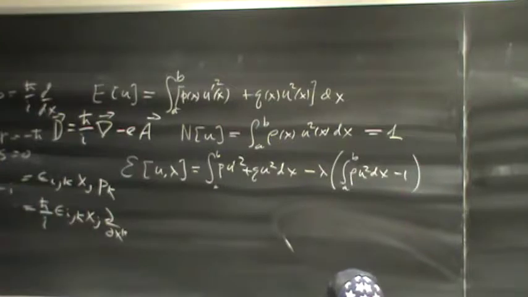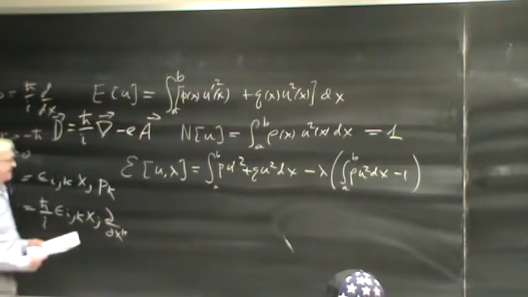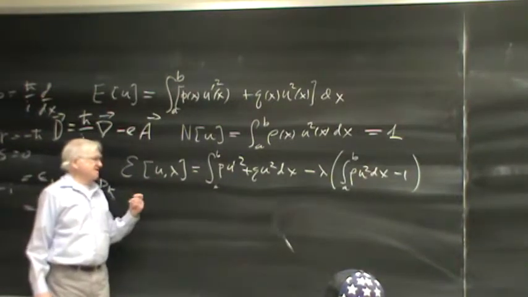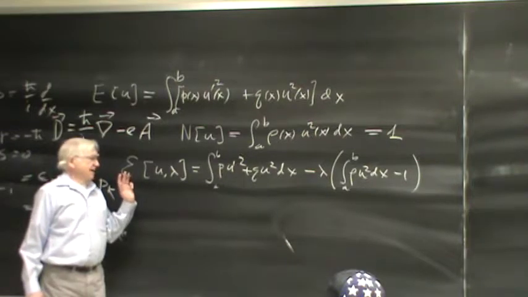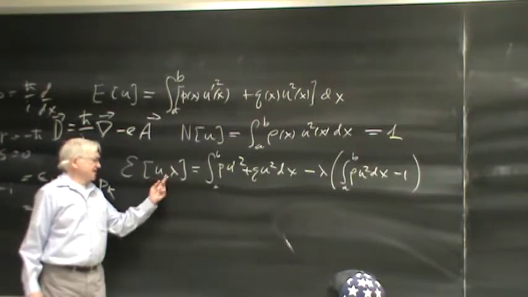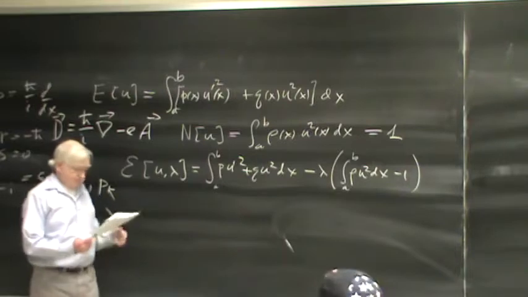Okay, so what we now do is regard this as something to be minimized, and there are no conditions. We minimize with respect to lambda and u.